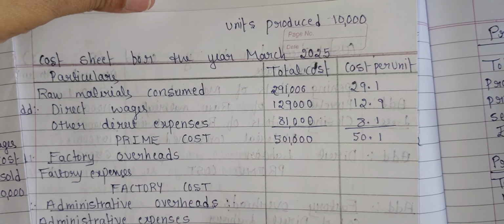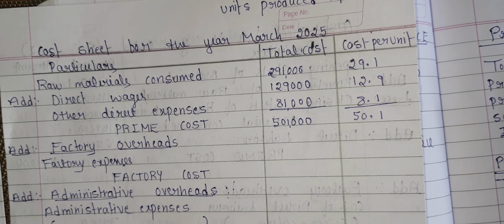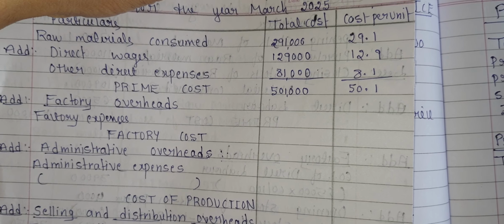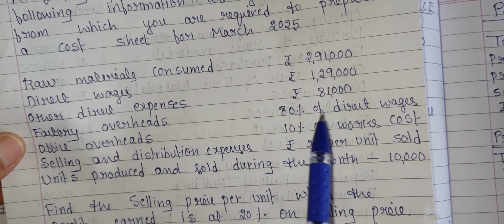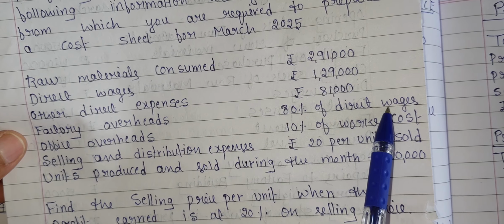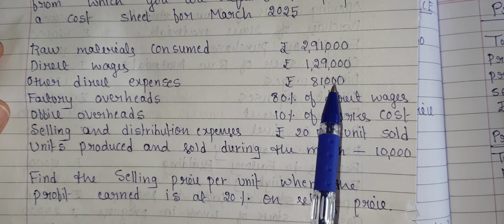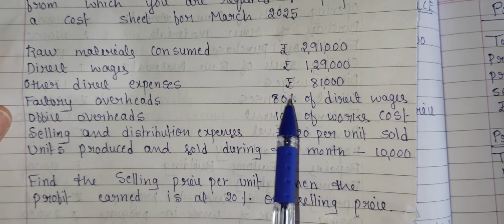Next one, after prime cost we have to calculate the factory cost or works cost. Clear? So what they said here, factory overheads 80% of direct wages. Our direct wages is rupees 1,29,000, means 1,29,000 into 80%.